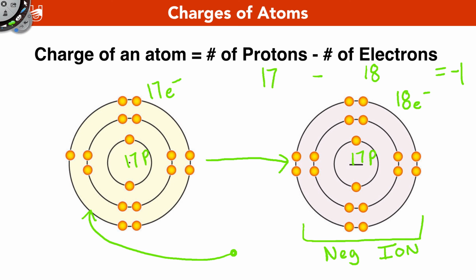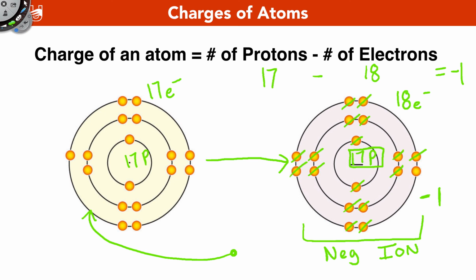The whole charge of this is a -1 because the 17 protons in the nucleus balanced out with 17 electrons surrounding it, right? So all of those balanced. But what was the end product? Was there more electrons? Well, yes, there was.